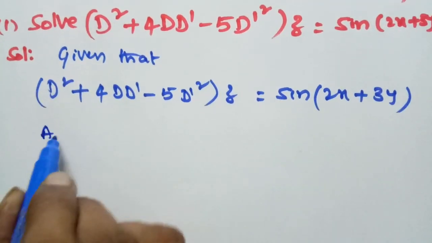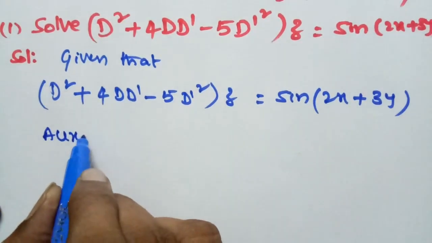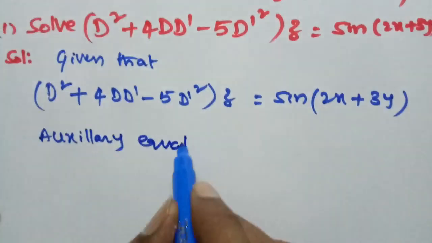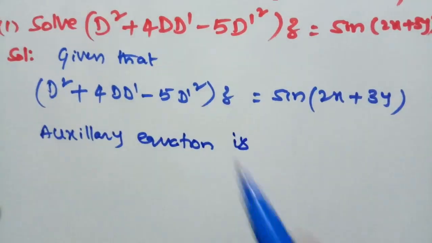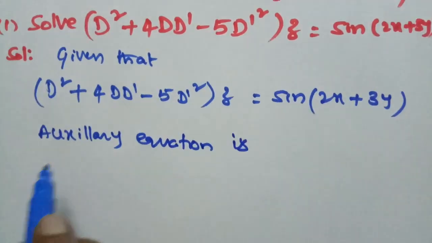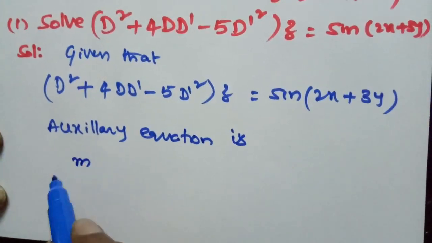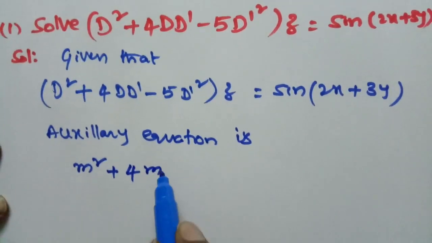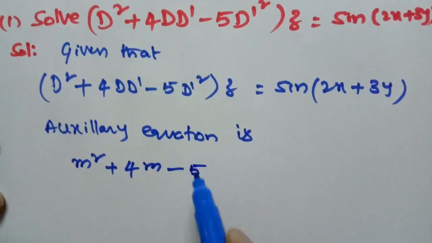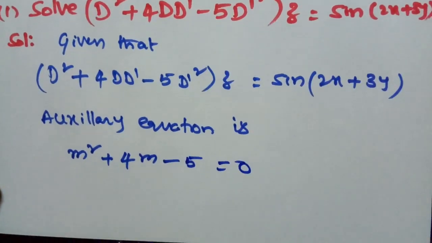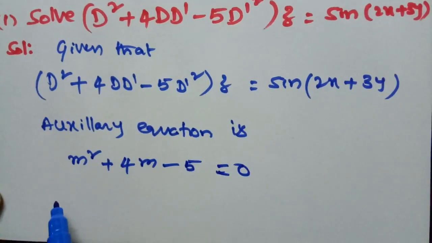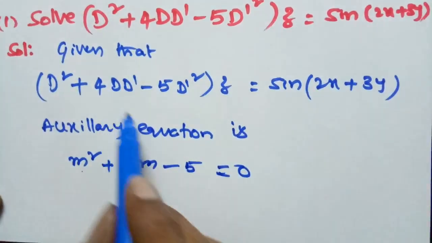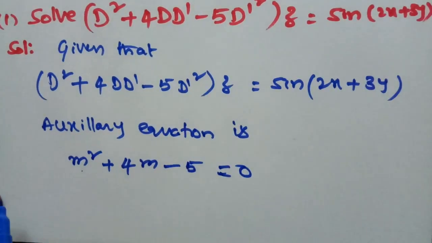The auxiliary equation is obtained by writing capital D is equal to m and D dash is equal to 1 and equating to 0. This is called the auxiliary equation.